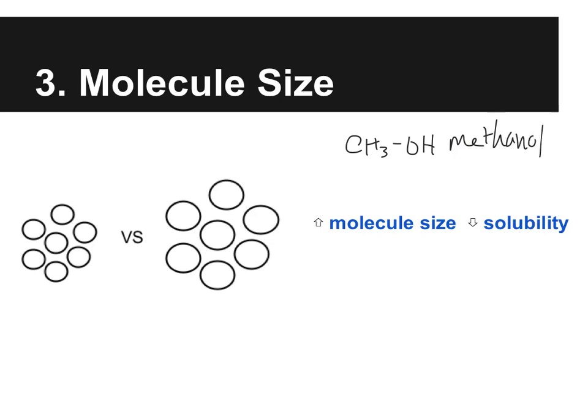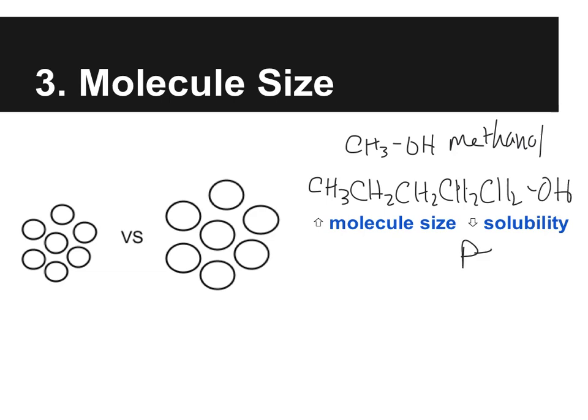But if you take something that has a much longer carbon chain, like, for example, pentanol, so 1, 2, 3, 4, 5, it's a much, much bigger molecule now, and so far less soluble in water.